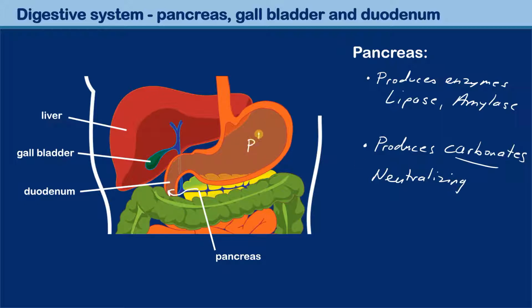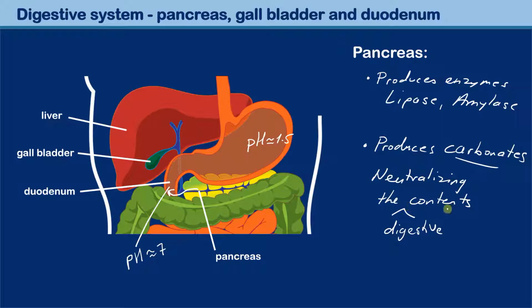The pH in here is around 1.5 to 2, and the pH in the duodenum over here is around, let's say, 7. So it's neutral. How do you neutralize this? Well, the carbonates. So it's neutralizing the digestive contents, I should rather say.